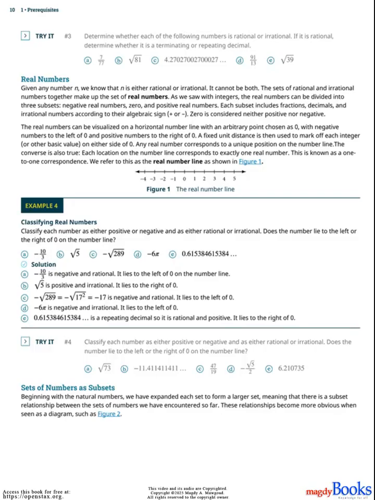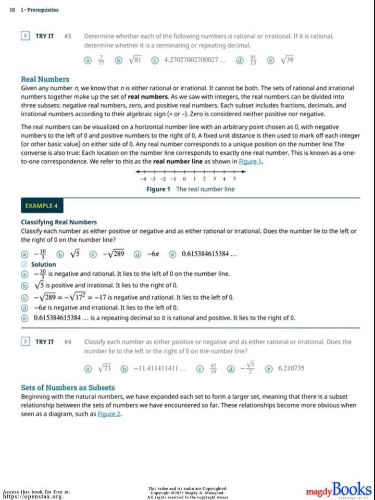It lies to the left of 0. D. Negative 6 pi is negative and irrational. It lies to the left of 0. E. 0.61538461538 is a repeating decimal, so it is rational and positive. It lies to the right of 0.